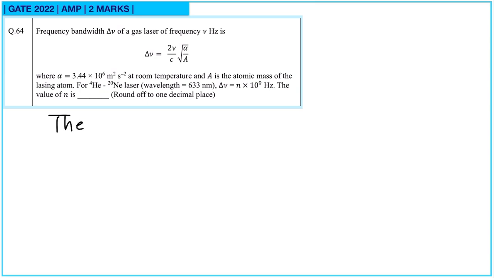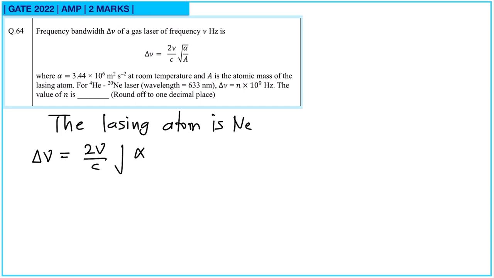Now for the helium neon laser, the lasing atom is neon. So Δν is equal to 2ν/c upon √(α/A), but here the value of λ is given to us.